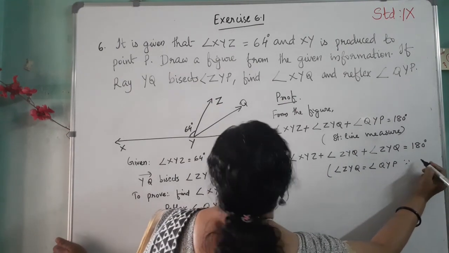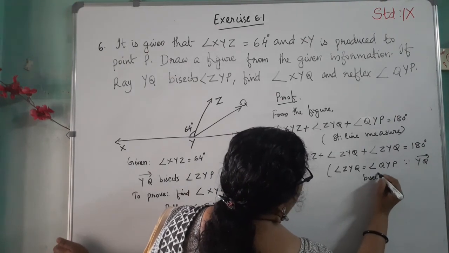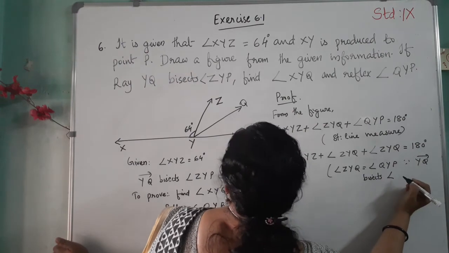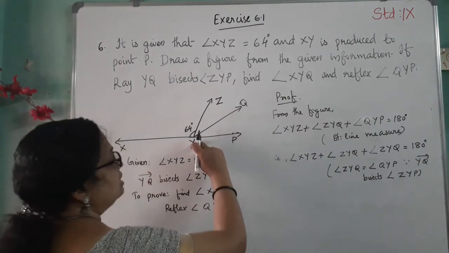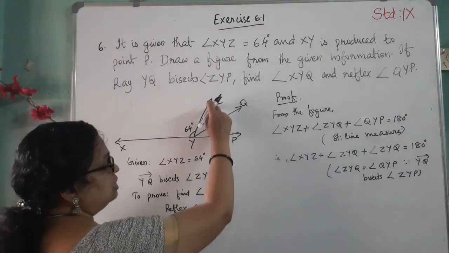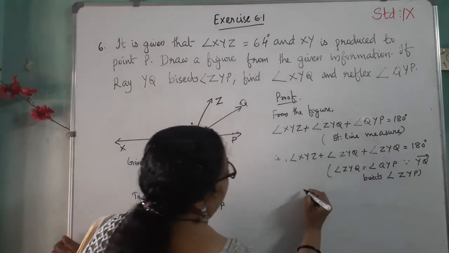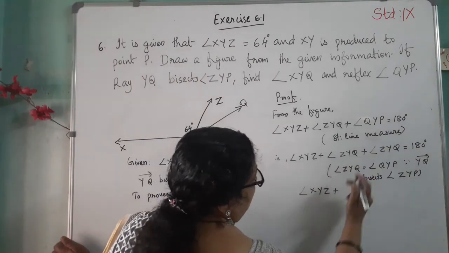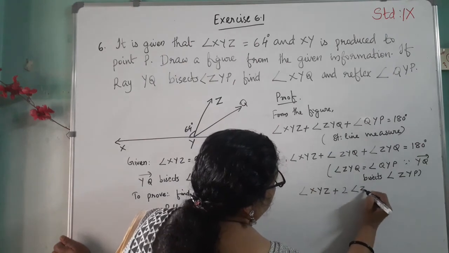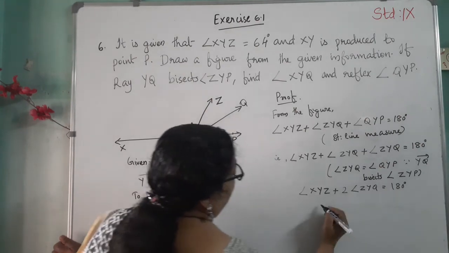Since ray YQ bisects angle ZYP, this ray bisects this angle, so ZYQ equals QYP. Then angle XYZ plus 2 times angle ZYQ equals 180 degrees.